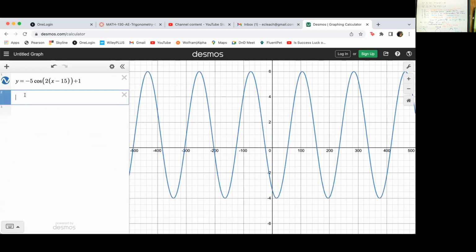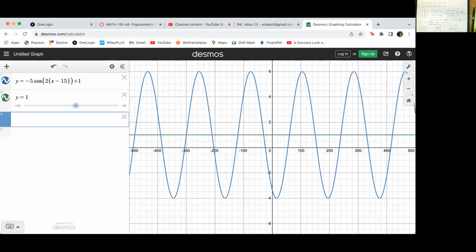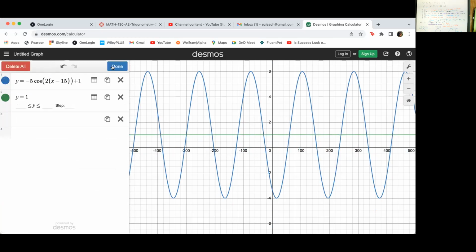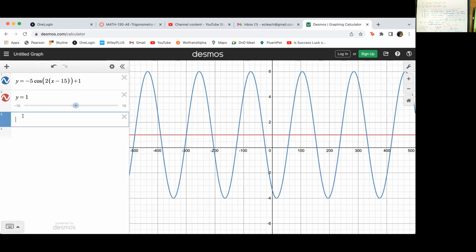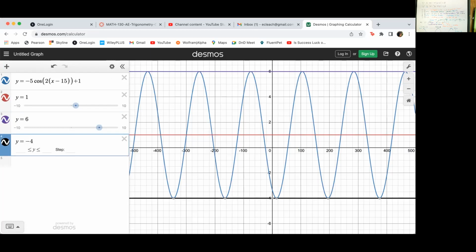I'm going to artificially draw in my middle. It's been adjusted, and I'm going to make it color match. So our top is at y equals 6, and the bottom is at y equals -4.